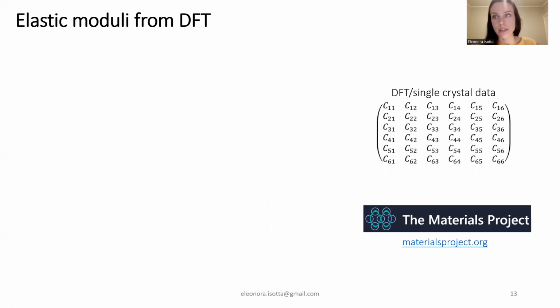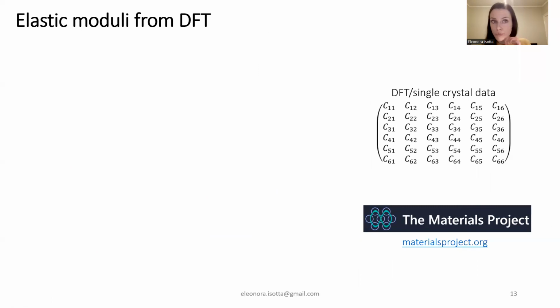If we don't have RUS available, another way to get elastic moduli is from density functional theory, from DFT. For example, if you look up the website of Materials Project, you can find the elasticity matrix for a lot of compounds, a really big number of compounds.